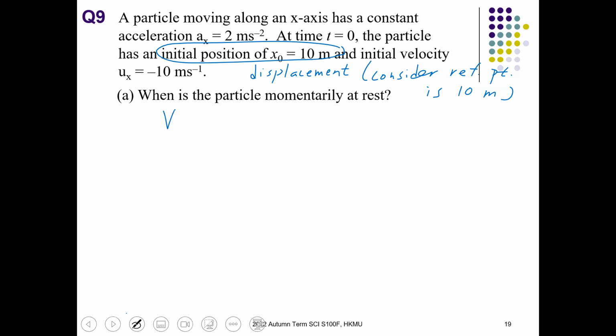Therefore, we need to find out v. To find v, what we are given is that we have u, we have a, and also we have the information. Let me check.